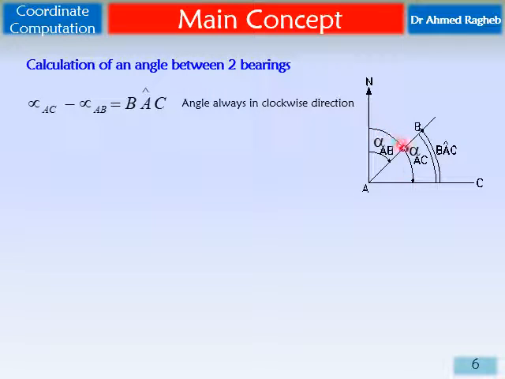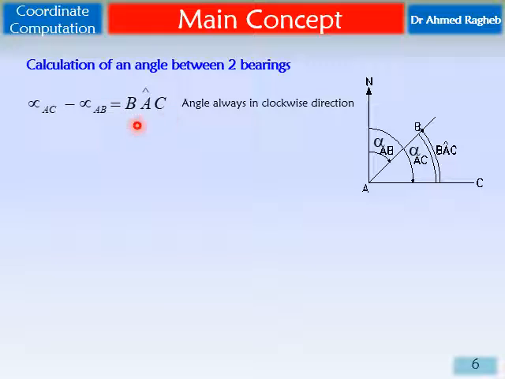So if you subtract alpha AC minus alpha AB, you'll get the horizontal angle BAC. Any horizontal angle must be named from left to right, clockwise direction.